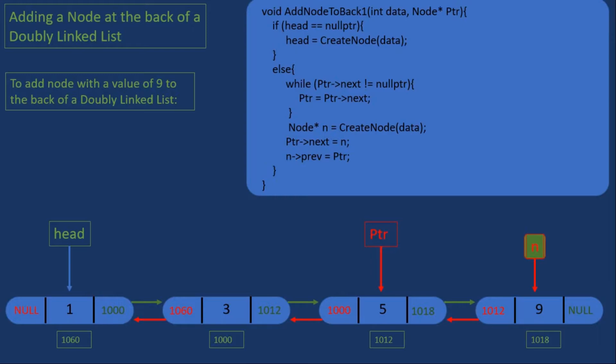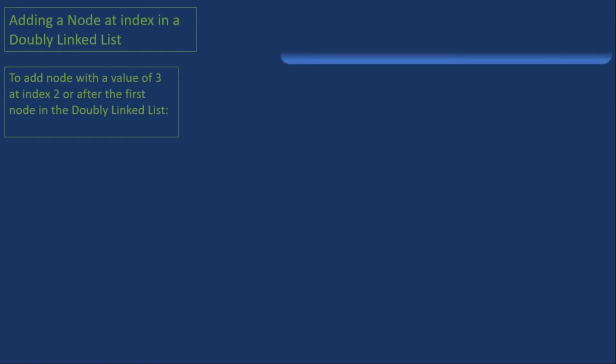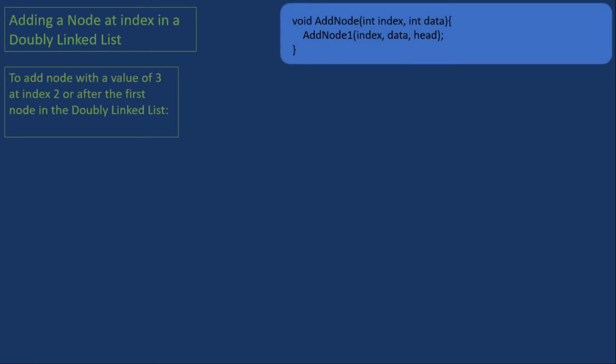Okay, say we have a doubly linked list with the values 1, 5, 9, and we want to add a node with the value of 3 in the second position or index, or after the first node. We'll create a function which is a void function, and this only takes in 2 arguments: the index or position where you want to add the node and the data you want to store.